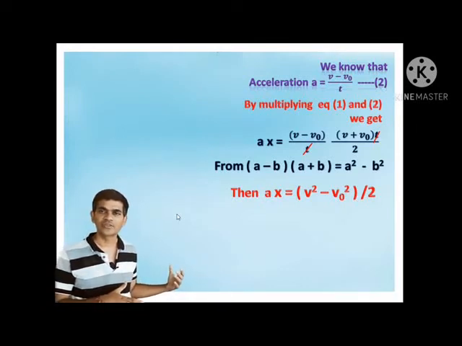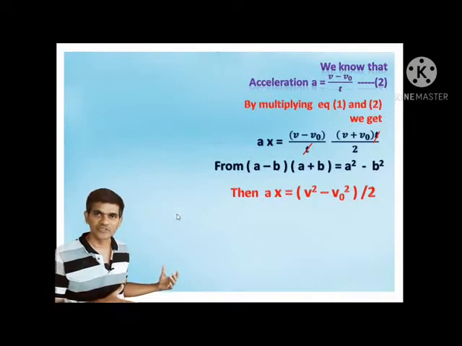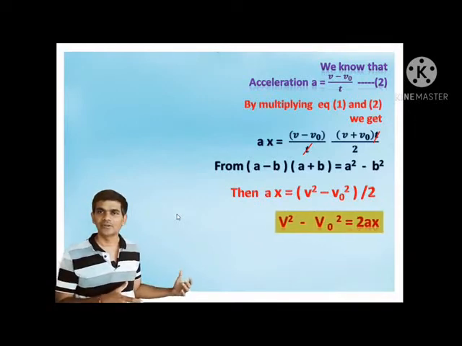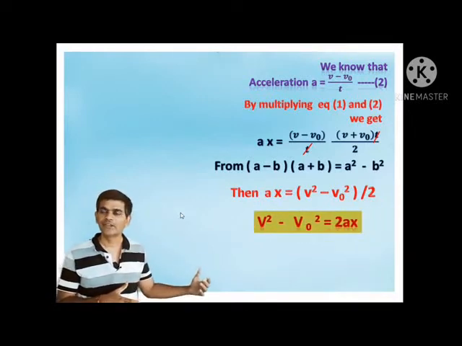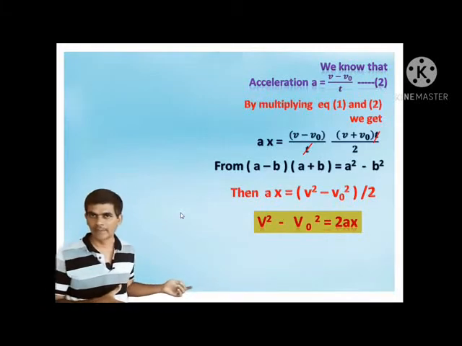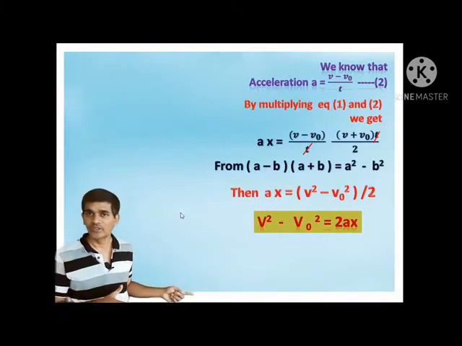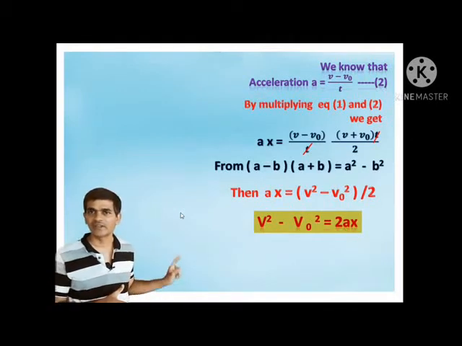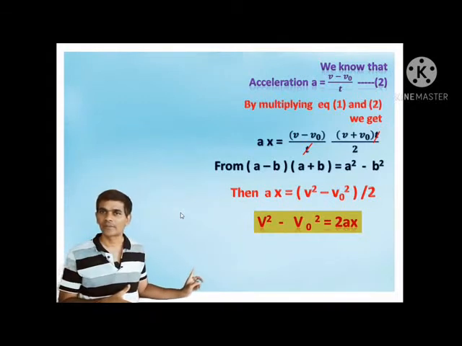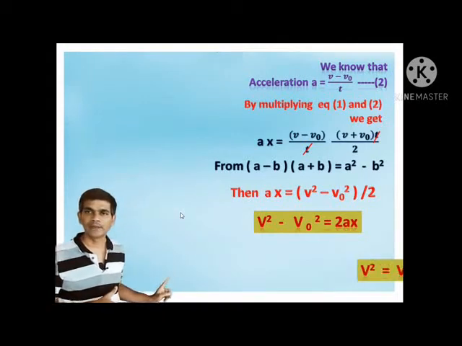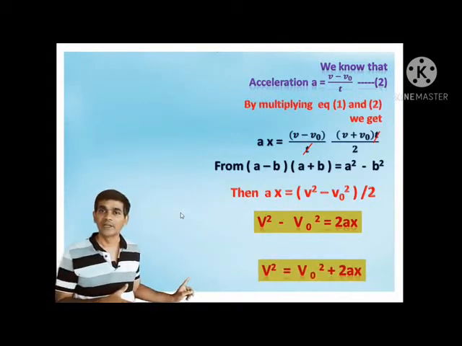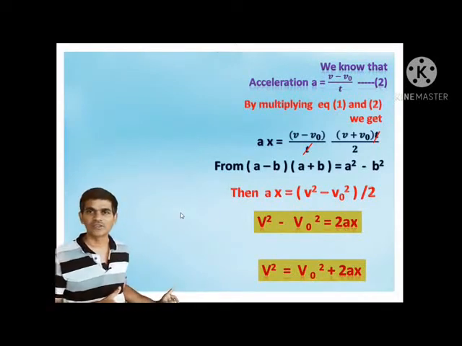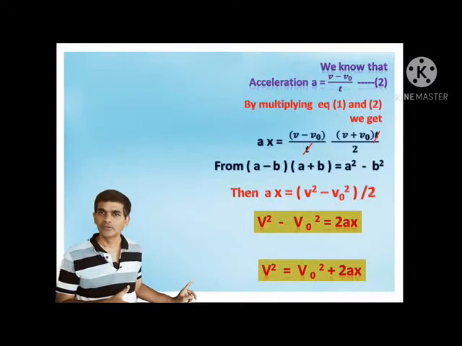We rearrange these equations as ax is equal to v square minus v naught square divided by 2. The 2 in the denominator of the right hand side of the equation, I will take to the left hand side, then it will come to the numerator, then we get 2ax is equal to v square minus v naught square, and by rearranging this equation we get v square minus v naught square is equal to 2ax, or v square is equal to v naught square plus 2ax.